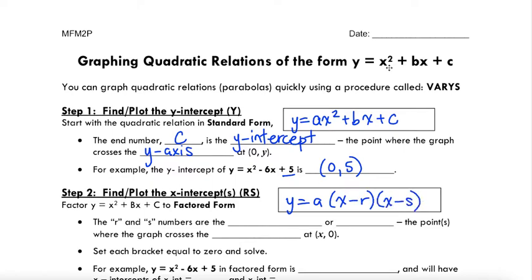Now in our questions, we are going to deal with an a value that's equal to 1, just like we did when we were factoring trinomials in our previous unit. So keep that in mind as well.